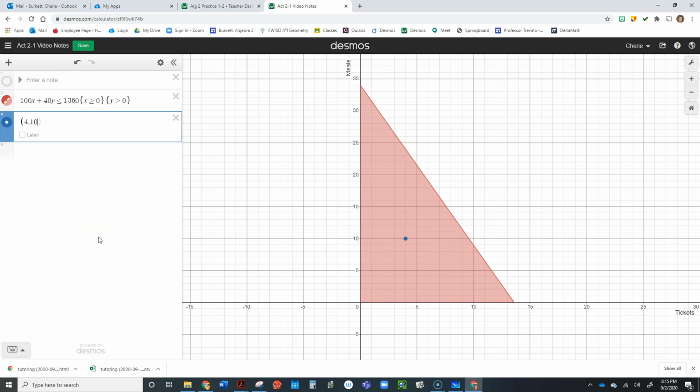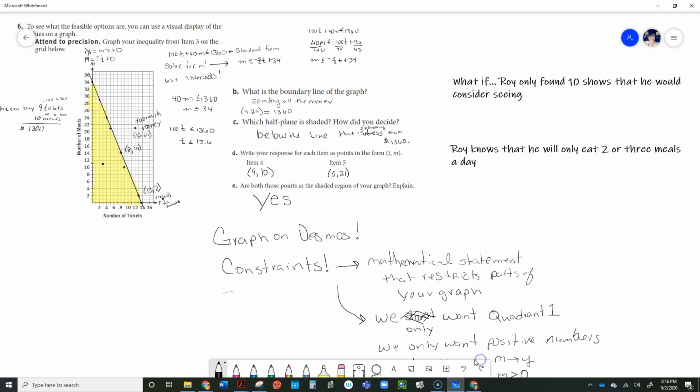Okay, so he is going to have a couple more constraints. So let's say that Roy went to Google and looked at the calendar for the 5 days that he was there, and of those 5 days, there are only 10 shows that he would even consider seeing.